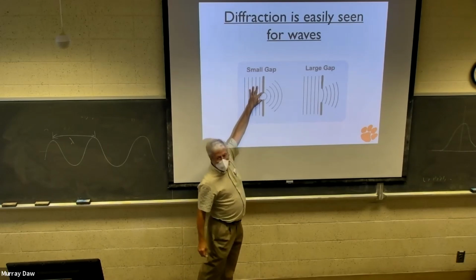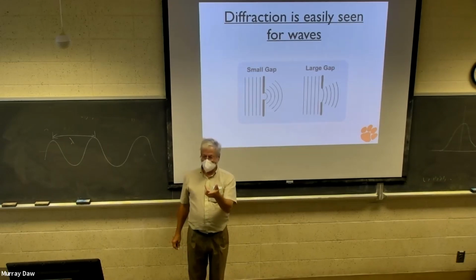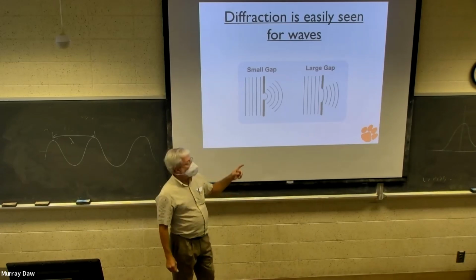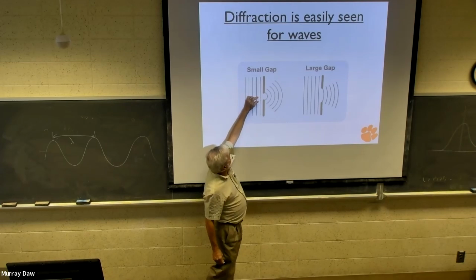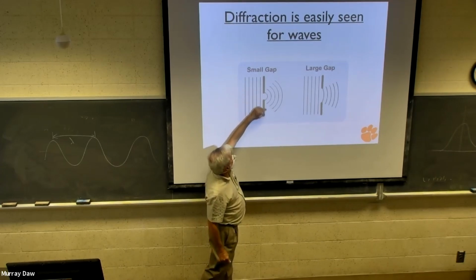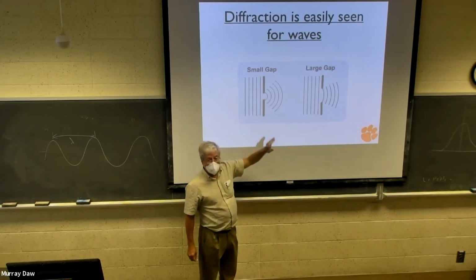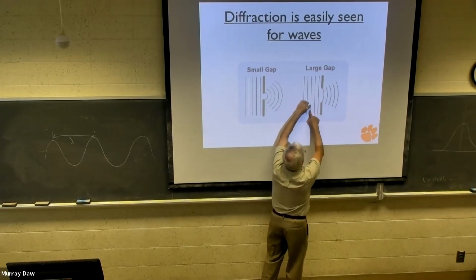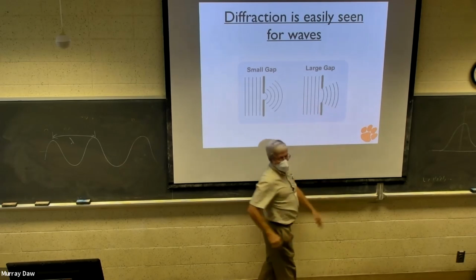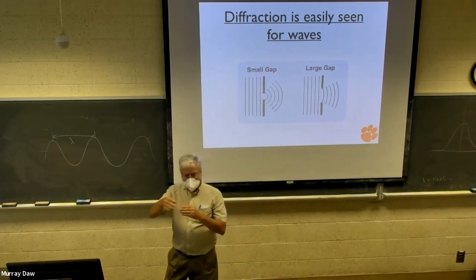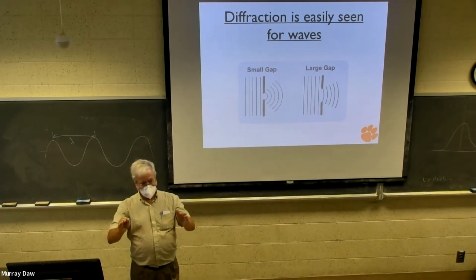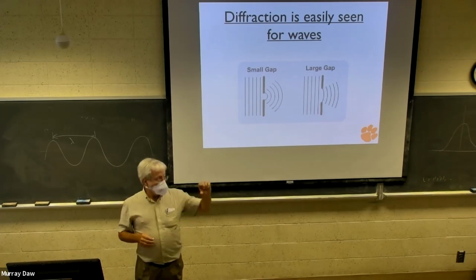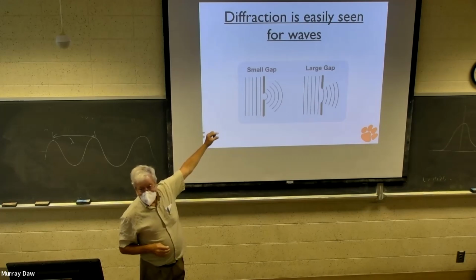How big is the opening in comparison to that wavelength? This will determine how much diffraction you get. The smaller the opening, as it approaches the wavelength, the more diffraction. If you have a much bigger opening than the wavelength, you get less and less diffraction. It doesn't distort the wave as much as it goes through. So the critical ratio is the size of the slit, the gap, to the wavelength.